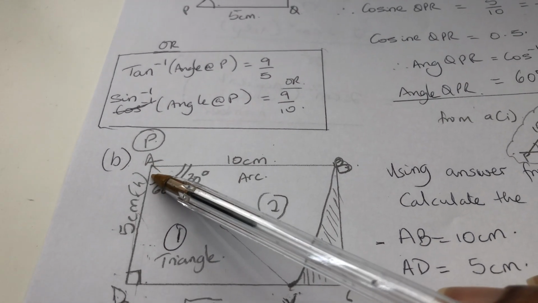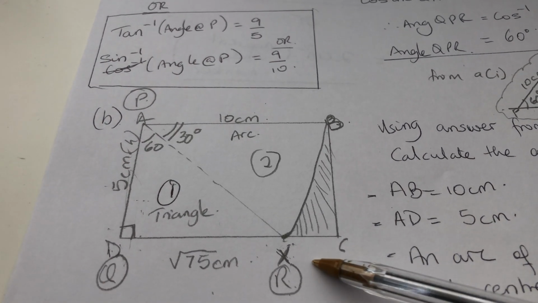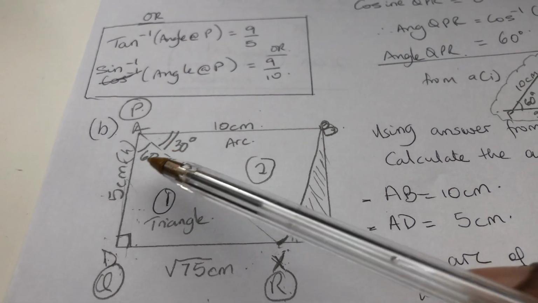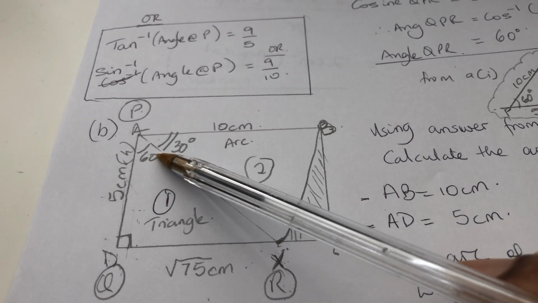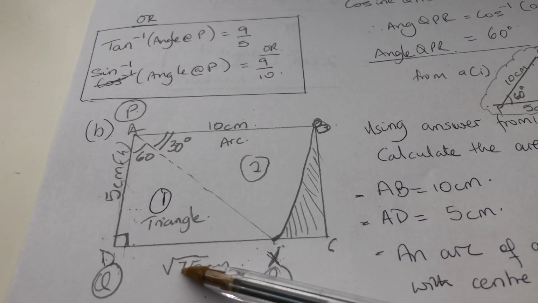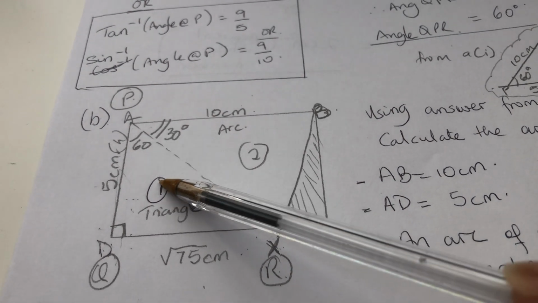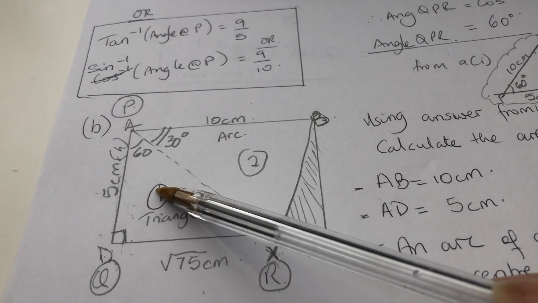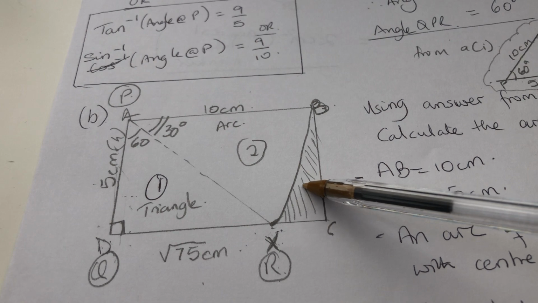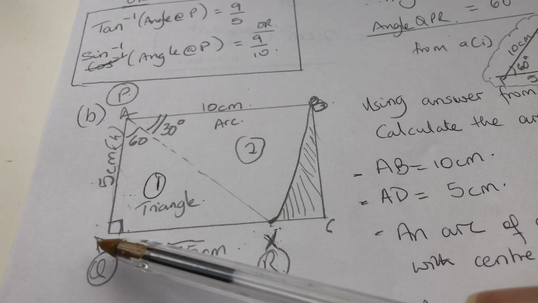So from the first part, PQR, is where we found this angle to be 60, and this side was root of 75. So now this is our first triangle, and that is an arc, and that is also an arc. So ADB.